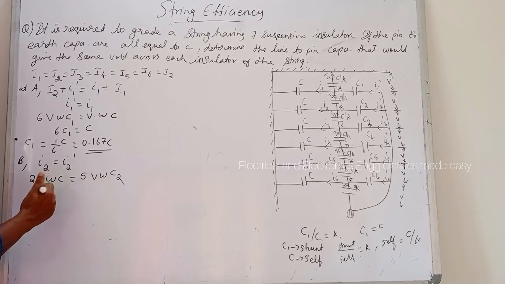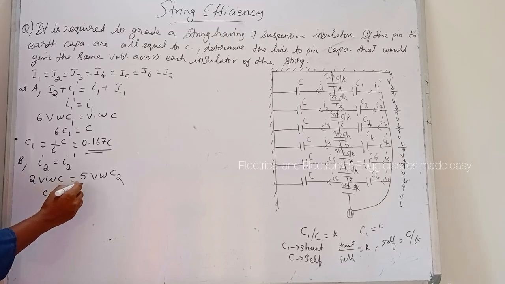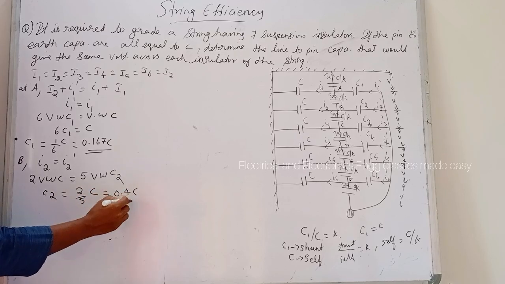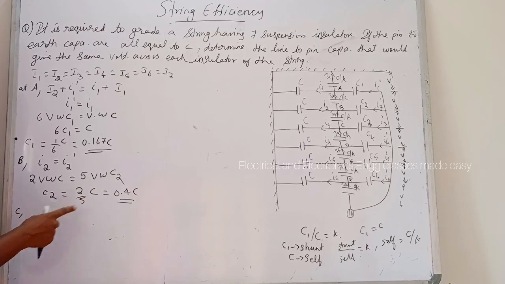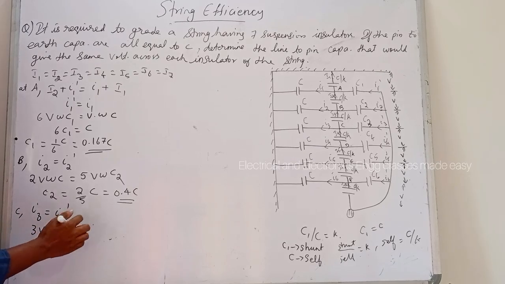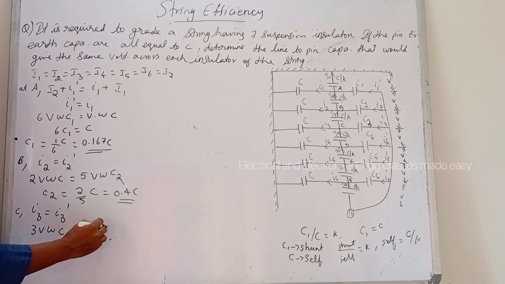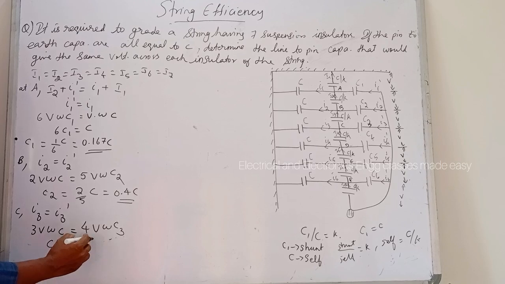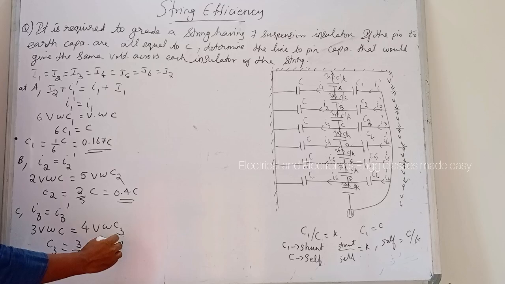So here we will get C2 is equal to 2 by 5 C, and that is equal to 0.4 C. Now at junction C, I3 is equal to I3 dash. So I3 is 3V omega C, equal to I3 dash, which is 4V omega C3. So C3 is equal to 3 by 4 C, and that is equal to 0.75 C.